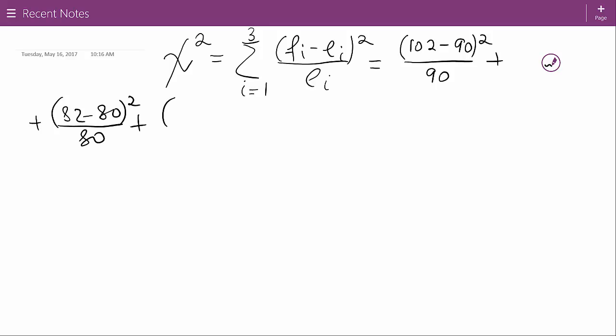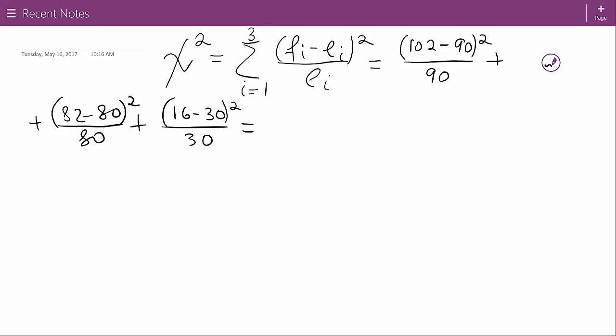And the third one, the actual frequency was 16, and I was expecting 30, square that, divided by 30. And let's find out what that is numerically.